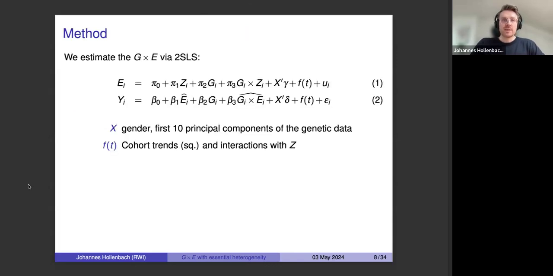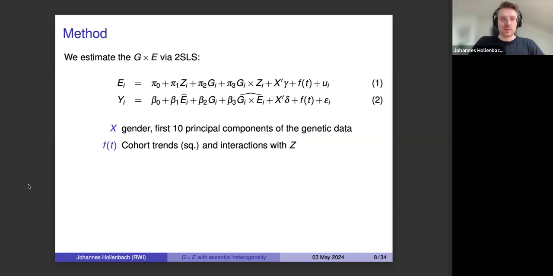The way we do that is, like I've mentioned, using two-stage least squares, because educational choice is endogenous. We're using the educational reform. What you can see here is both stages of the two-stage least squares regression.